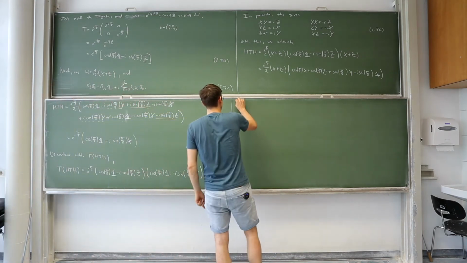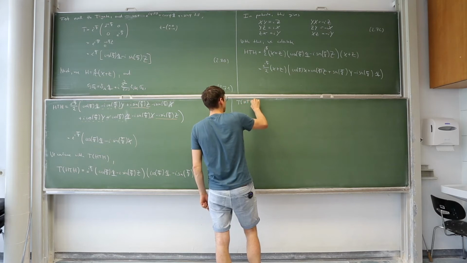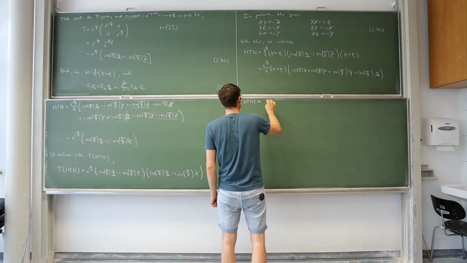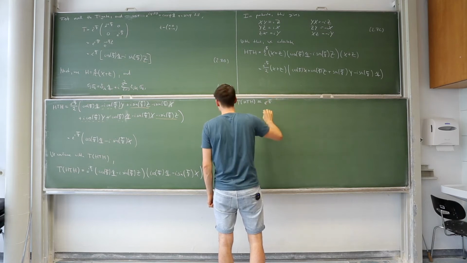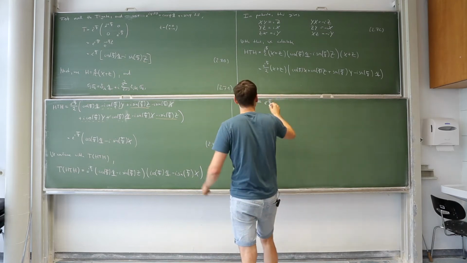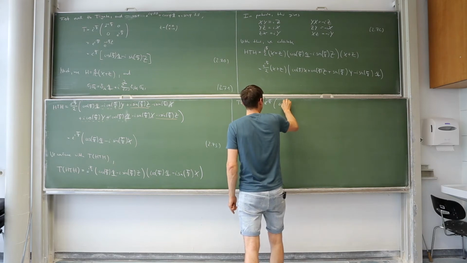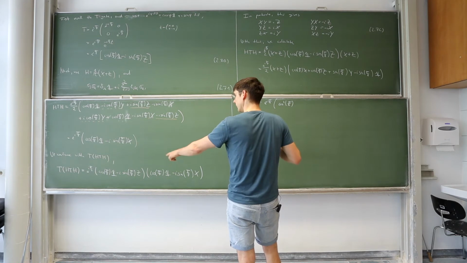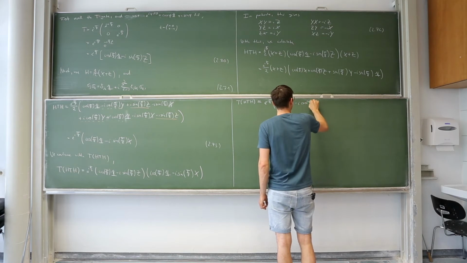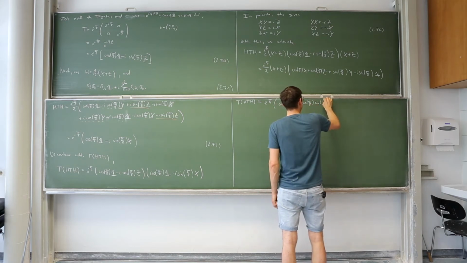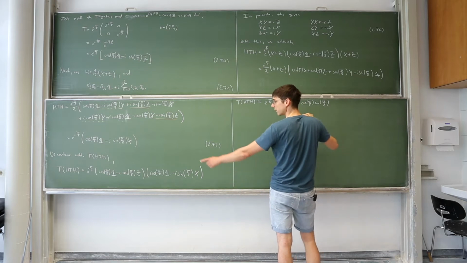So we get THTH is equal to e to the I pi over 4. And then we have cosinus squared pi over 8. Then we have minus I cosinus pi over 8 times sinus pi over 8, and then x.